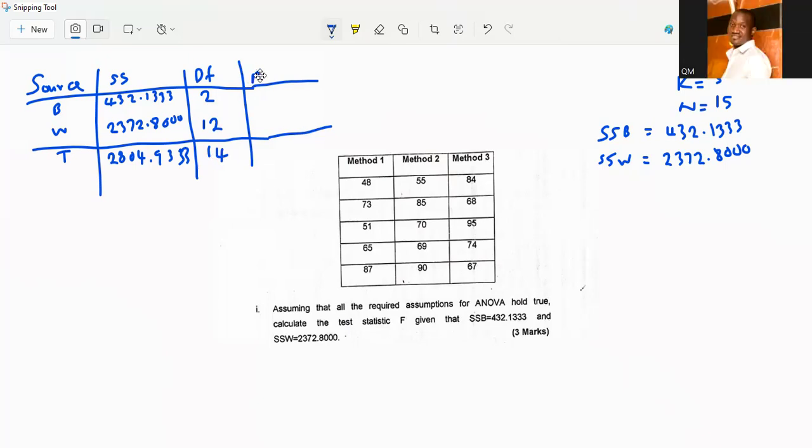Then how do you get the mean of squares? We divide this in there, this in there.